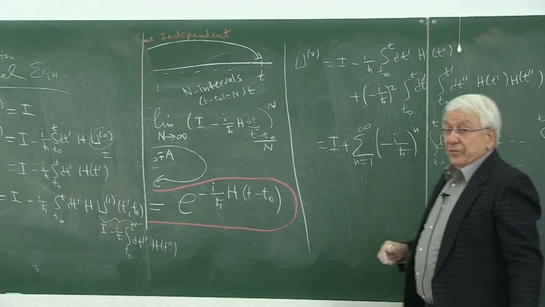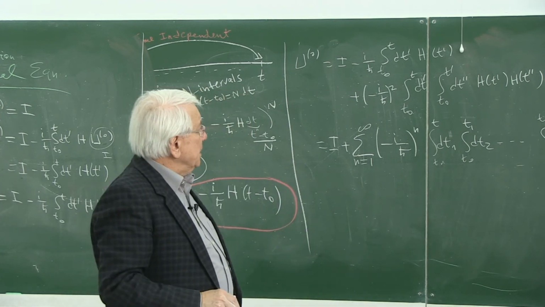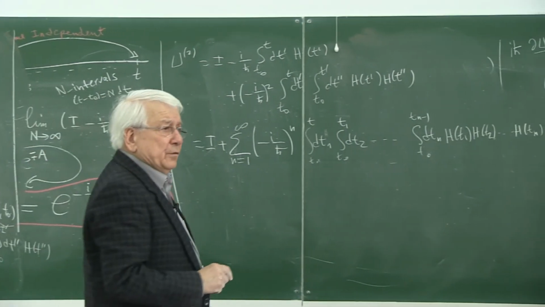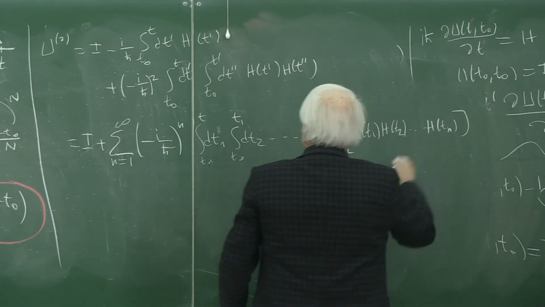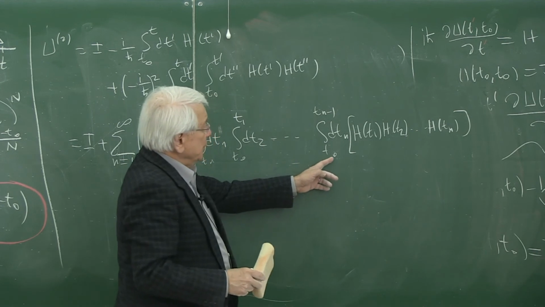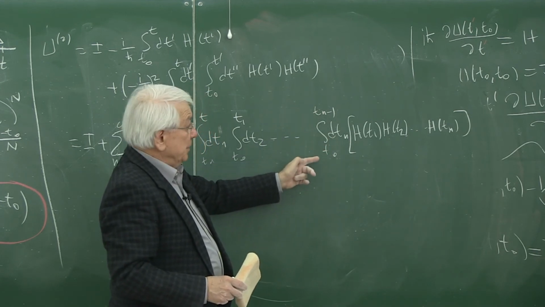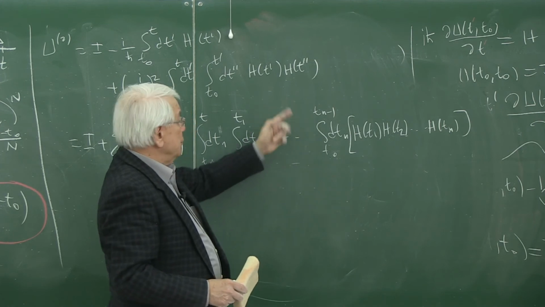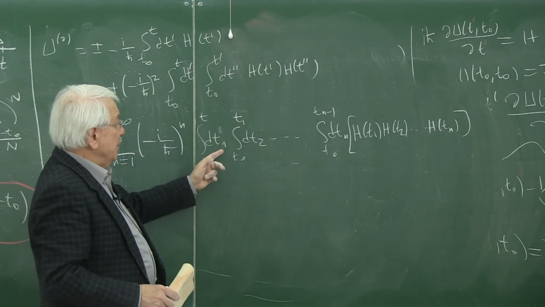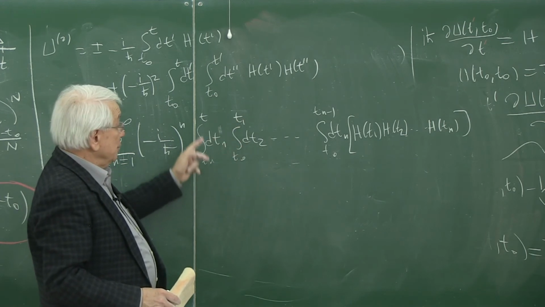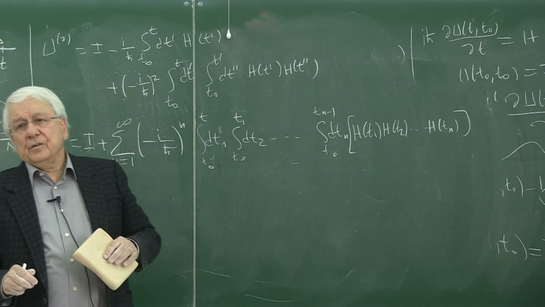Notice that if H is time dependent, there is a time-ordered product of the H's. This order is important because tn is integrated from t0 to tn minus 1, the next one from t0 to tn minus 2, and so on down to t1, which is integrated from t0 to t. So this is a general expression.